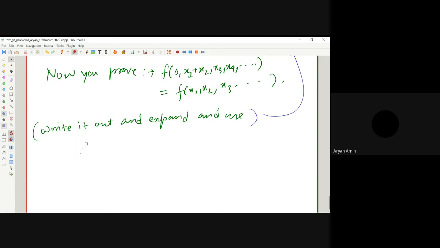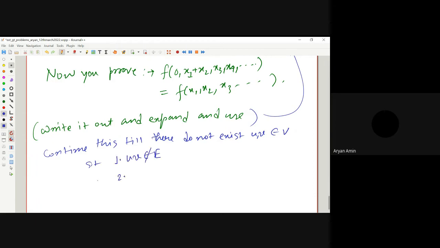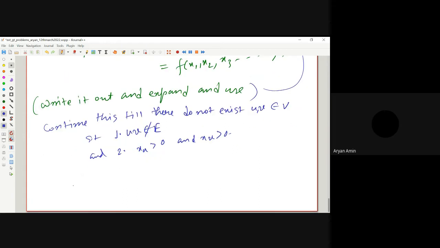Continue this till there do not exist u, v in V such that uv does not belong to E and xu greater than 0 and xv greater than 0. So what you basically get is a clique, right?